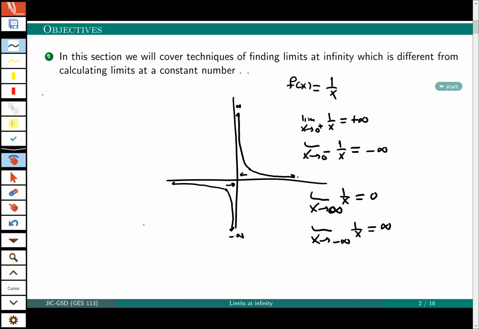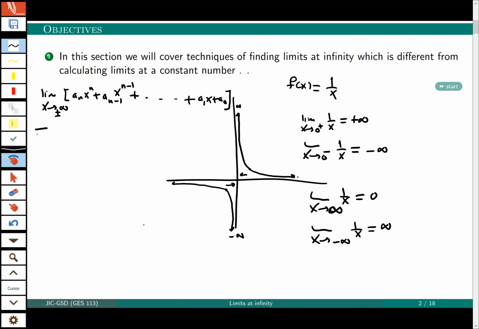This will lead to a theorem when x goes to plus or minus infinity of any polynomial. Only the largest power will affect.